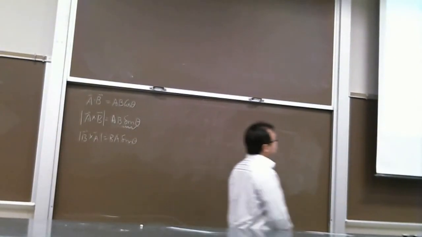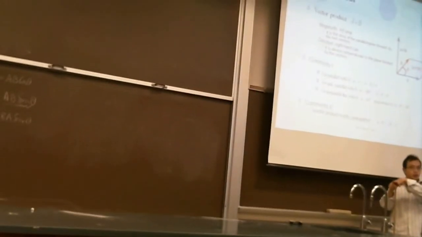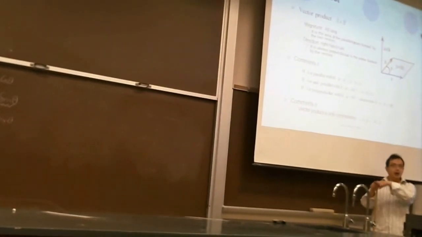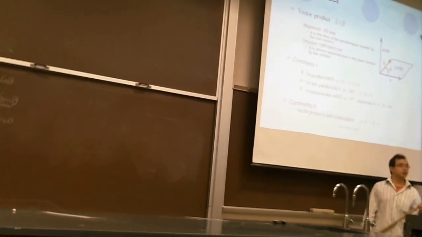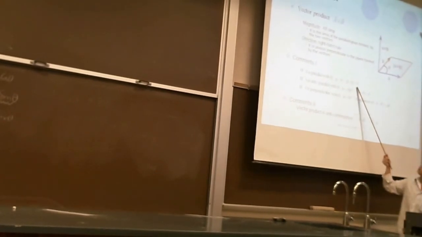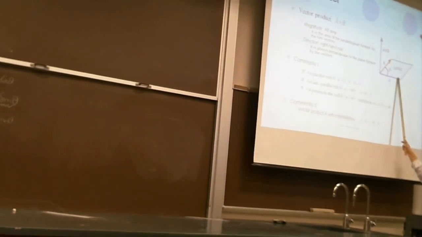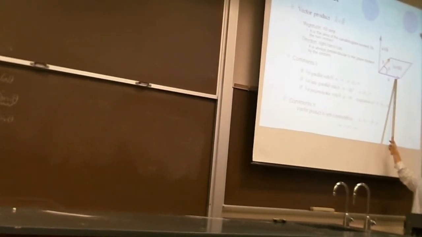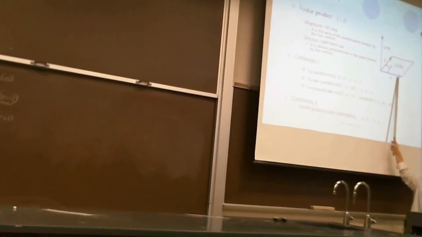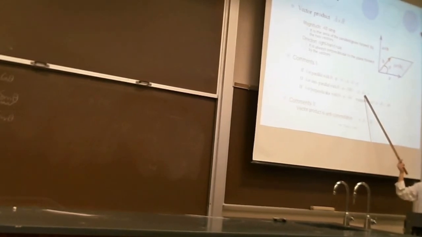If A is parallel with B, in the same direction, the angle between the two vectors is 0. Sine 0 degrees equals 0. So if A is parallel with B, A cross B always gives you 0. In this graph, if A and B are in the same direction, they don't form any parallelogram, so the area is just 0. For anti-parallel vectors, you still get A cross B equals 0.